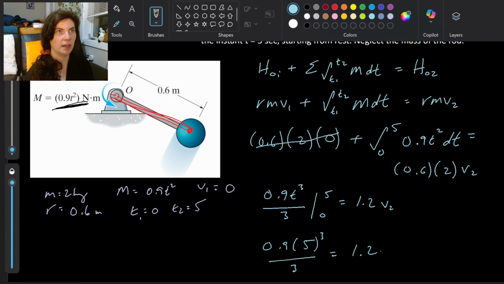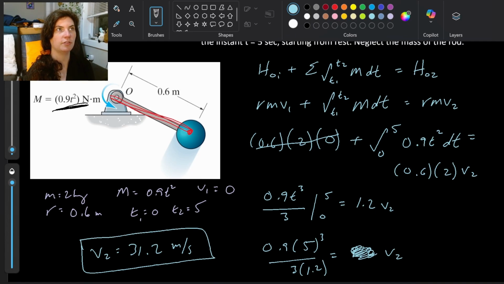The 0 term goes away. I get 1.2 v2. Actually, I could just move that over here. I might do that. Divide out that 1.2. And when I punch this into my calculator, I'll get my final velocity of this sphere, which is 31.2 meters per second.